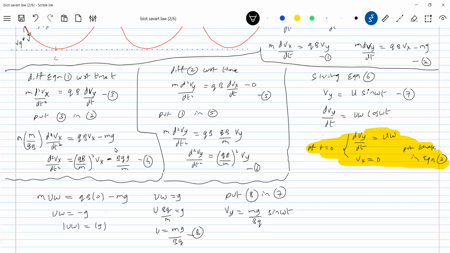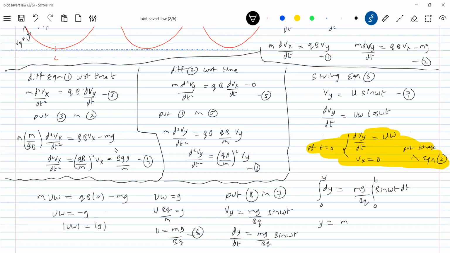So let me write further this as dy by dt. I will integrate it now. Mg by bq sine omega t dt. At t equals 0, y coordinate is 0. At any instant of time, let it be.